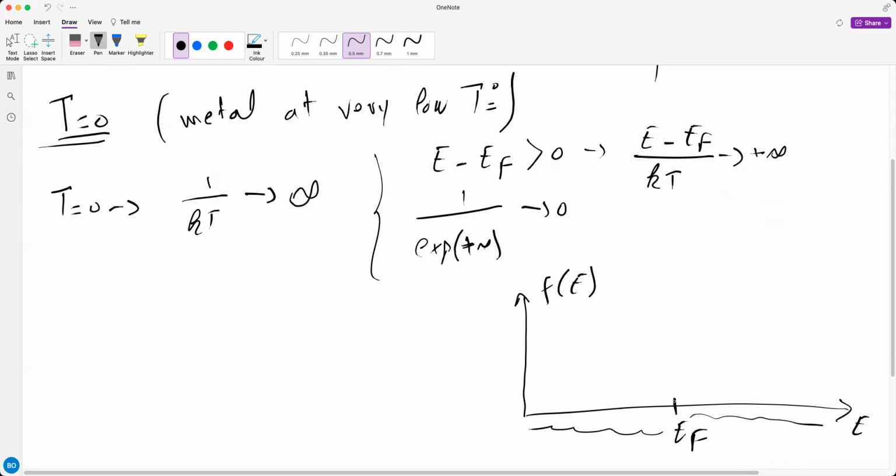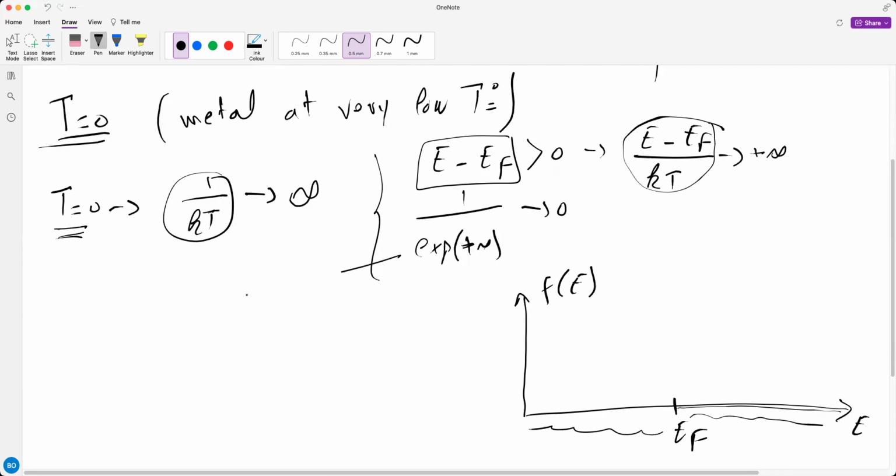At T equals 0, this quantity goes to infinity. And I have two cases. Either the energy is bigger than EF, my energy is here. If the energy is bigger than EF, this quantity is positive, so it goes to plus infinity.